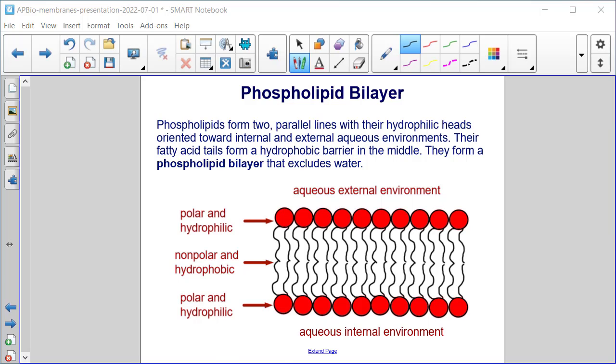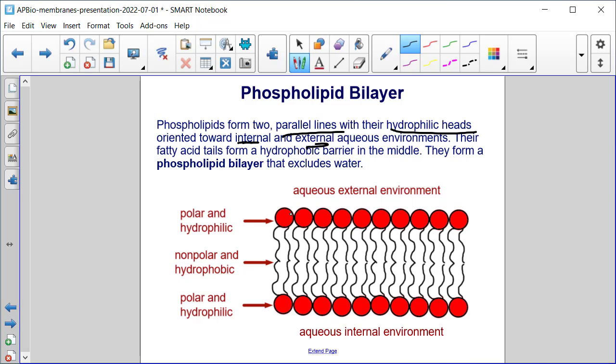Phospholipid bilayer. So how do those individual phospholipid molecules, like we saw on the first page, form this bilayer? What they do is they form two parallel lines with their hydrophilic heads oriented toward internal and external aqueous environments.